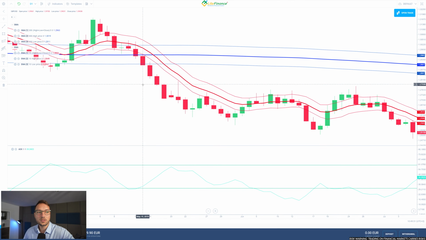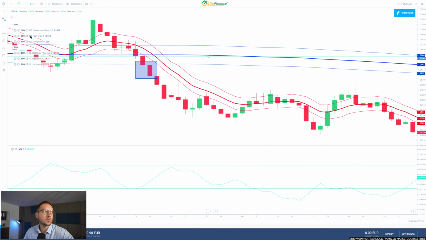And the third filter is the ADX indicator. So if the ADX is above the 30 level, that signals that the trend is in proper strength, and this would be our entry level, right? So maybe let's mark the candle here, mark it with a horizontal line.